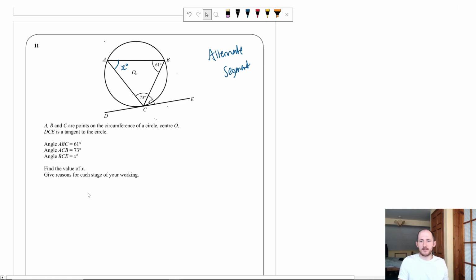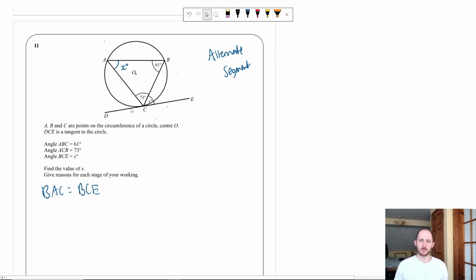So you can even write that angle BAC equals BCE. And if you notice, it's the same layout as we had before, except they flipped it round. But if you ever have a triangle where all the points are on the circumference, and a tangent, you're always going to be using alternate segment theorem, okay?